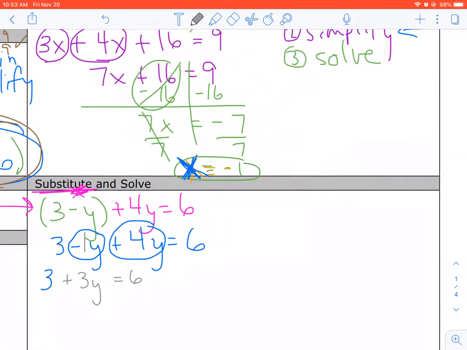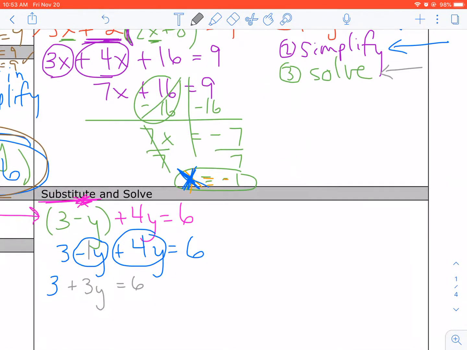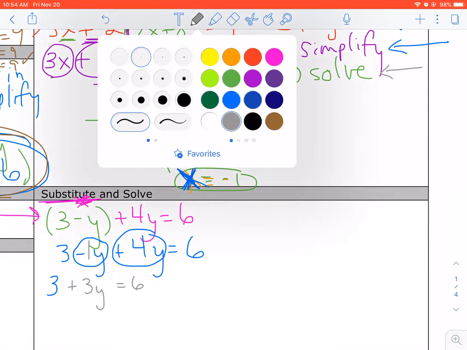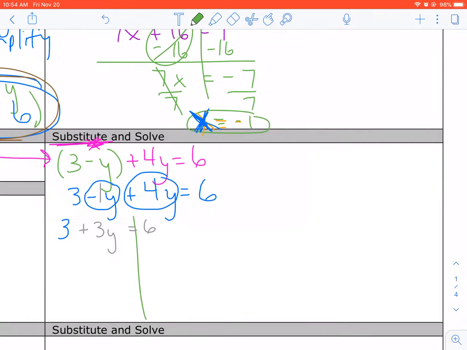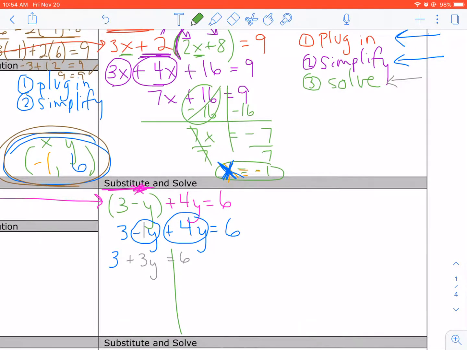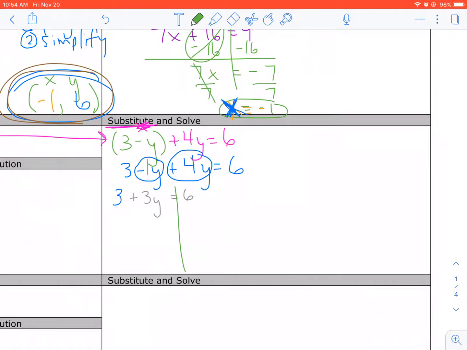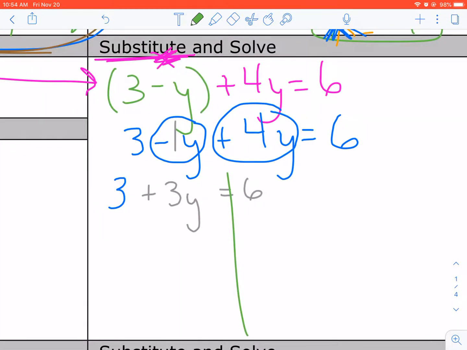The next step said that I need to now solve, because everything is put together as best as I can get it right now. I'm going to switch gears and start solving. I want to get the x or the y by itself, and in this case it's a y. So to get the y by itself, we're going to move that plain number like this.